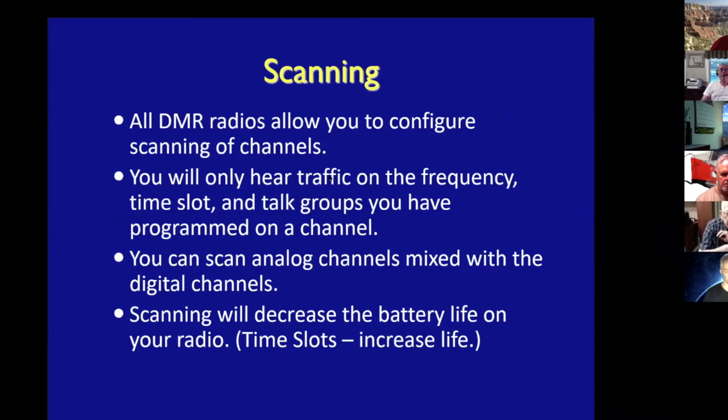Scanning. DMR radios, like analog radio, will allow you to scan, but you have to configure your scanning channels. When you're putting the information into your radio, into the CPS, the code plug software, computer programming software, nobody seems to know what CPS stands for, but that's the term you'll hear.